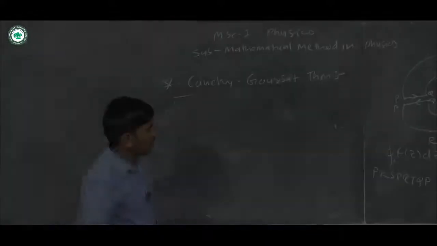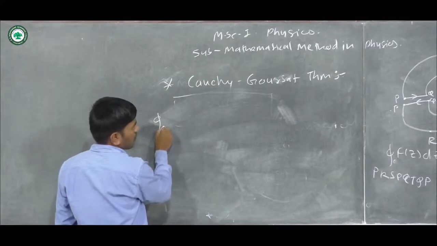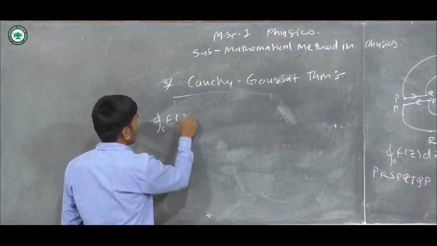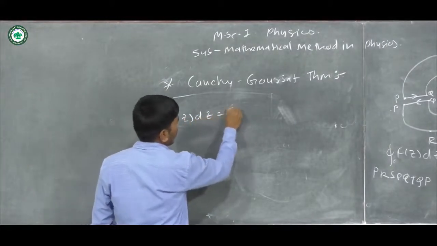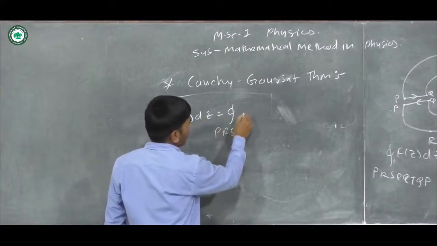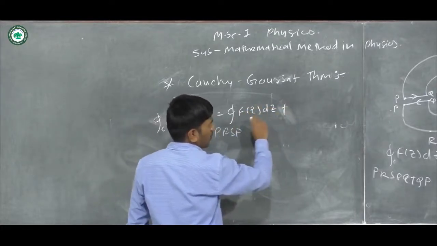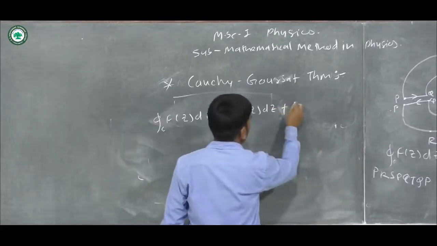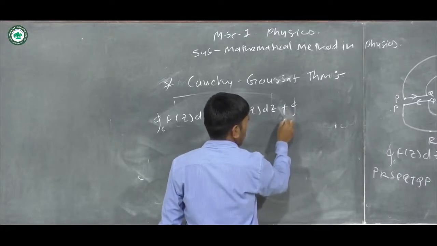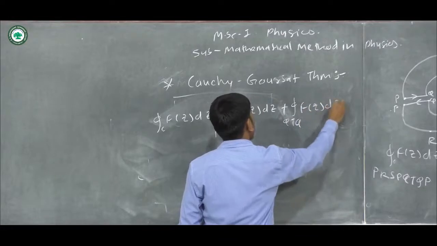Now the remaining terms: the closed integral over C of f of z dz is equal to the closed integral over P R S P of f of z dz plus the second term, the closed integral over Q T Q of f of z dz.